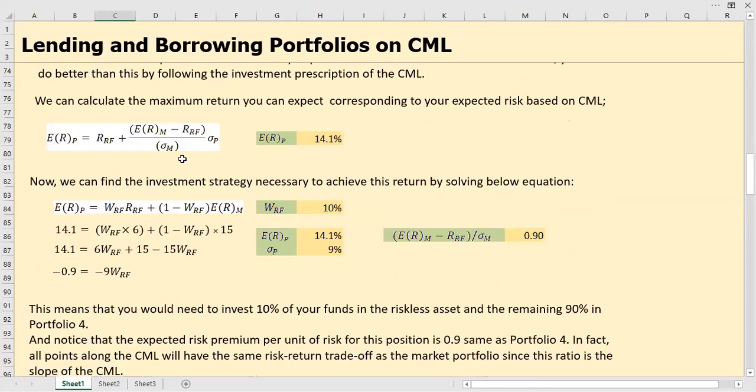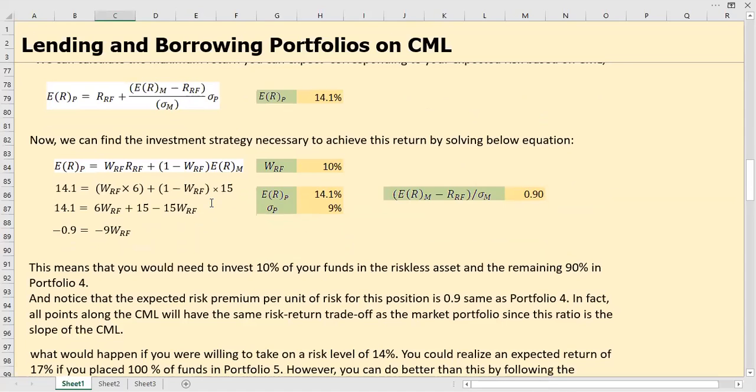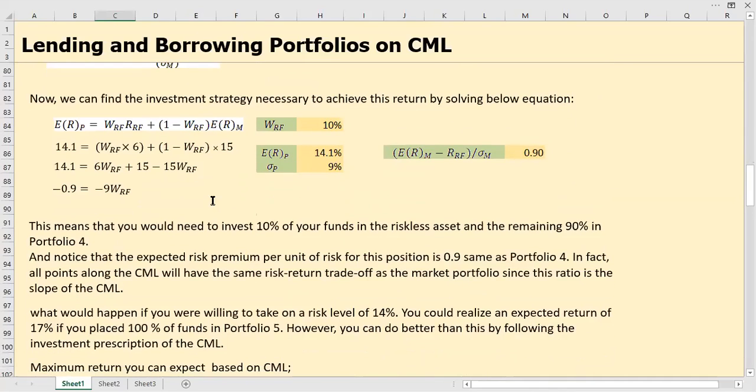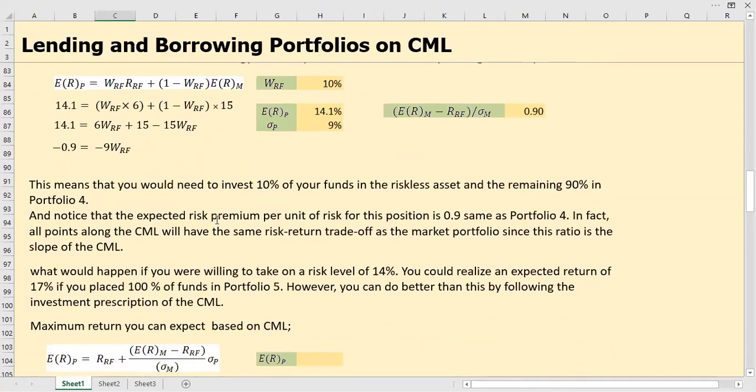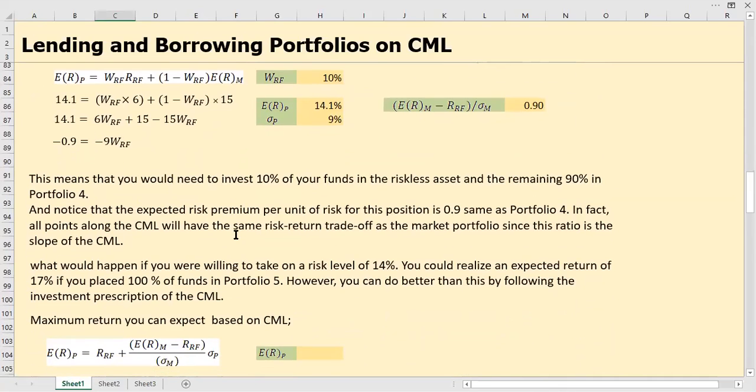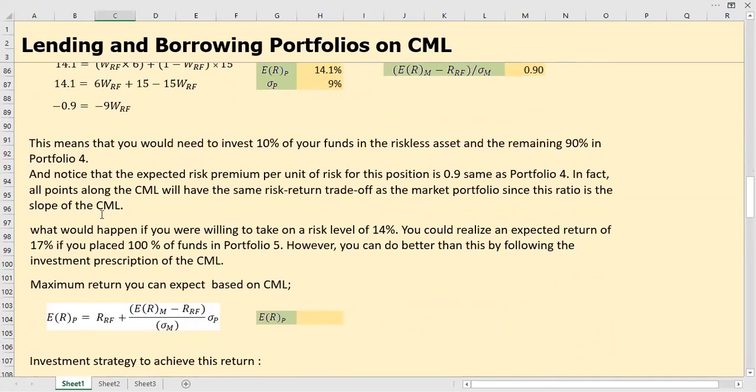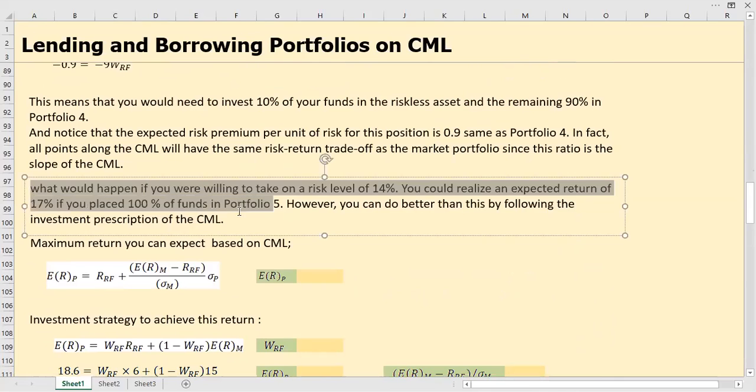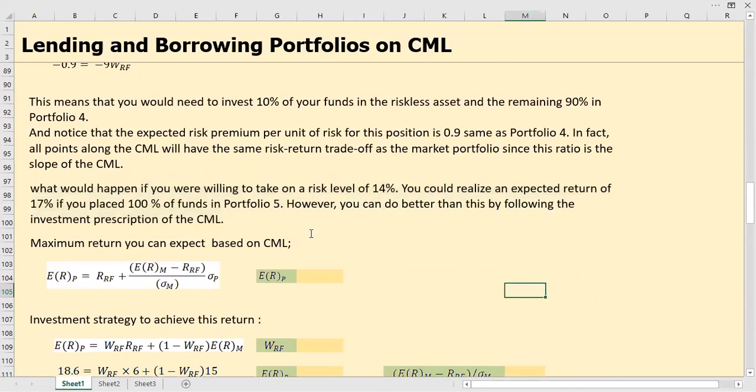So that's how you calculate the weights for this lending portfolio. So let me calculate the weights for a borrowing portfolio also, right? According to this particular example, now again I am going to assume a separate risk level. What would happen if you were willing to take on a risk level of 14%? So I need to go for higher risk.